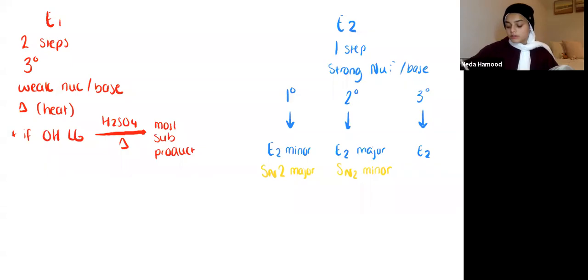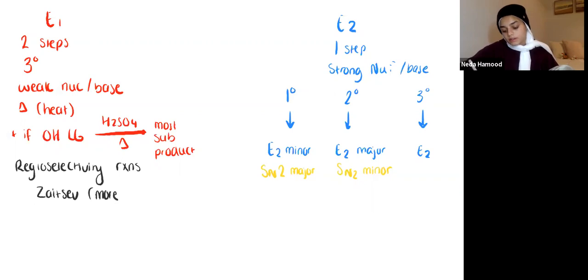But yes, so you can have regioselectivity for these reactions. And you can have Zaitsev, which is going to be the more substituted, or you can have Hoffman, which is going to be the less substituted.